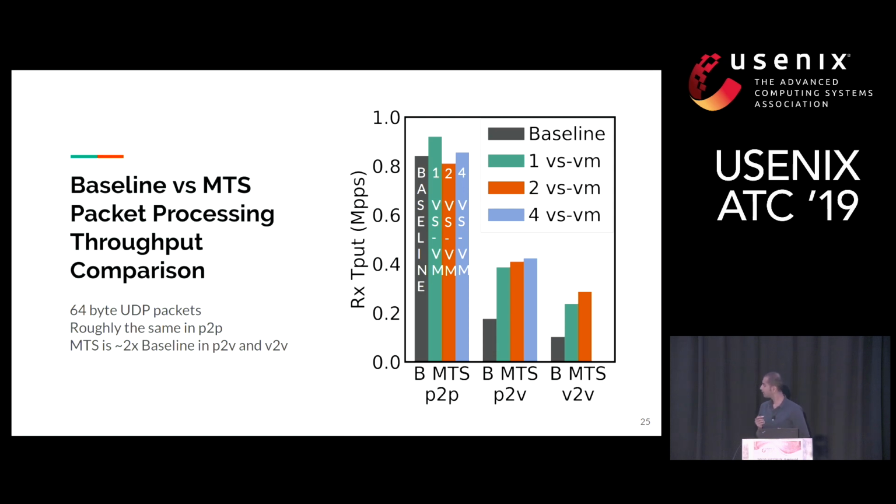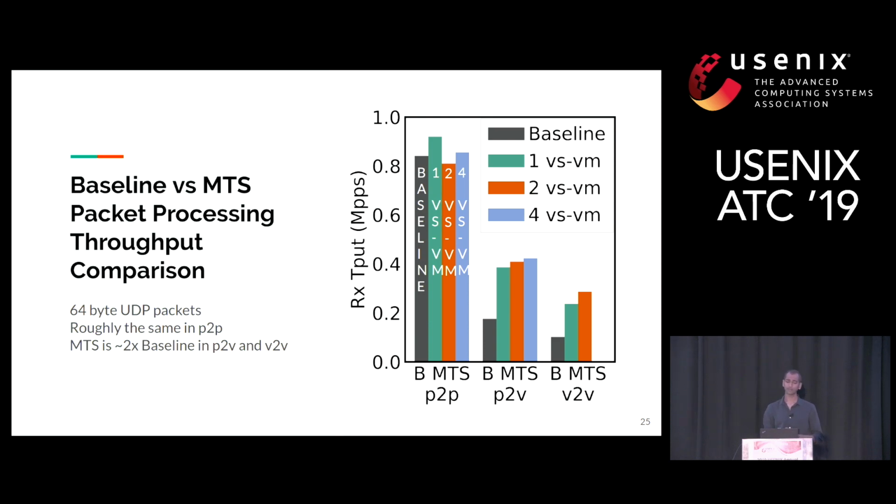On the x-axis you have the three different traffic patterns, P2P, P2V, and V2V, and on the y-axis, we have the forwarded throughput. You have three clusters over here. The dark gray bar is our baseline, the green is a single vSwitch VM, the orange is when we have two vSwitch VMs, and the blue is when we have four.